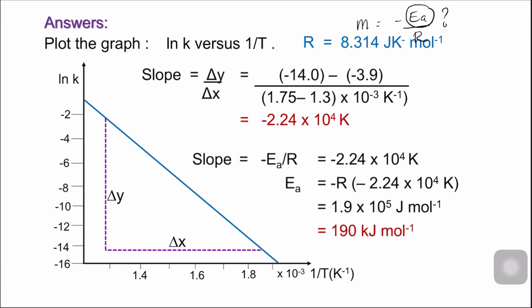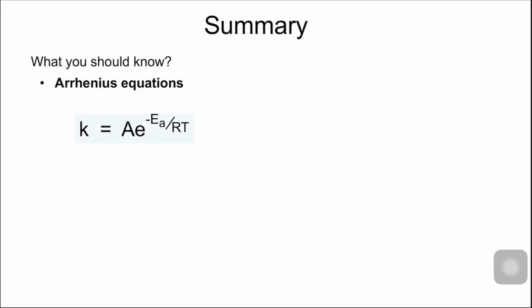So, very simple. If you get a question about graph, make sure you have graph paper and draw the graph correctly. Questions for chapter 1 are very much about graphs. You should know how to plot or draw the graph or sketch the graph. So the summary for this video, what you should know is there are 3 different Arrhenius equations. The first one is the one we already know, this is the first Arrhenius equation proposed by a scientist.